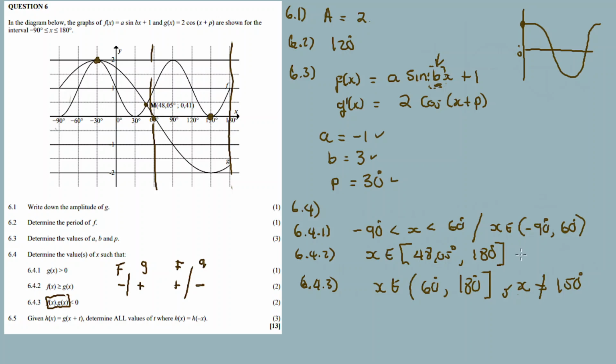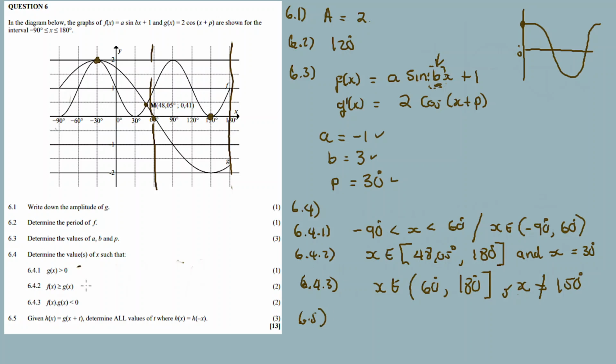So x equal to 30 degrees, and x is equal to 30 degrees. Then our answer here is complete now. Now last question, 6.5.